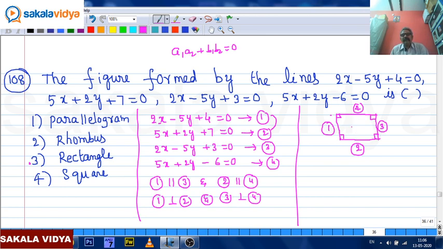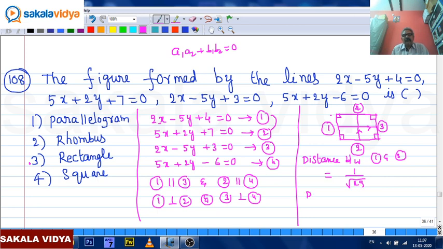That means the distance between 1 and 3, and the distance between 2 and 4, we need to find out. So the distance between 1 and 3 is 4 minus 3, that is 1 by root of 4 plus 25.